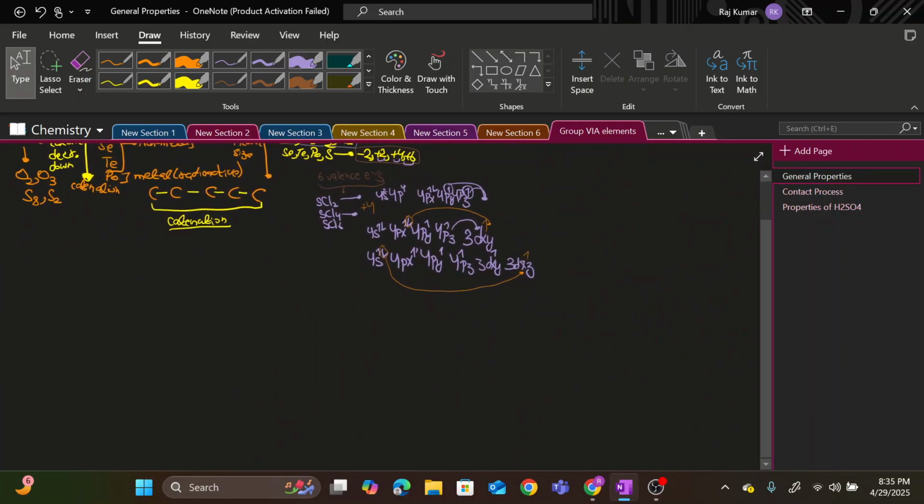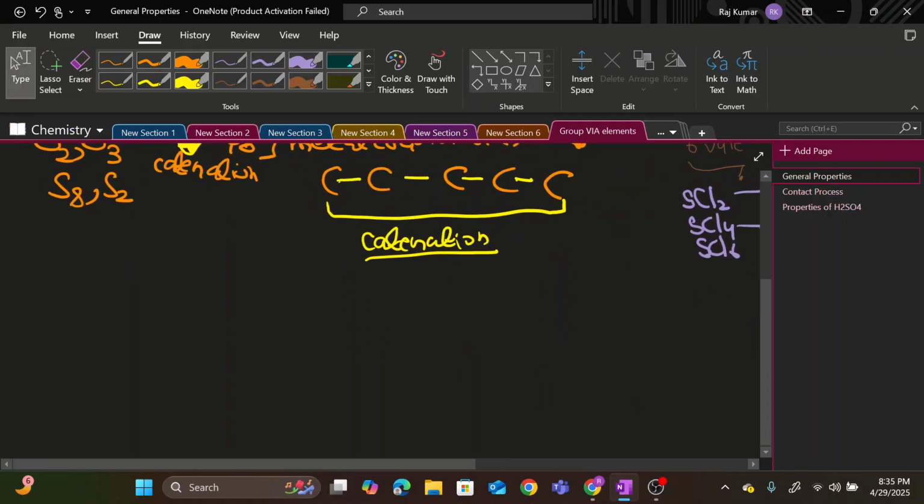Now let's understand a few more things, which is about the similarities and differences between oxygen and sulfur.